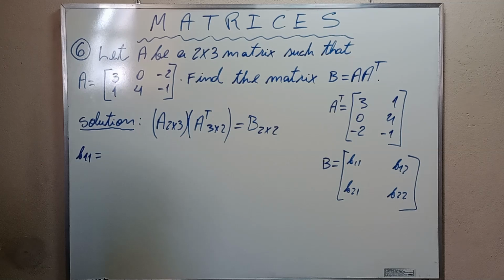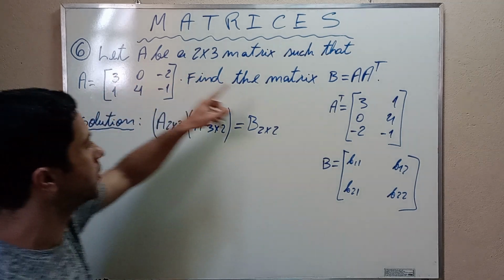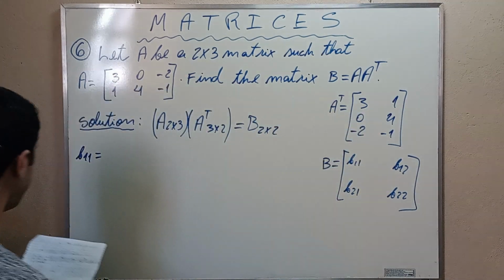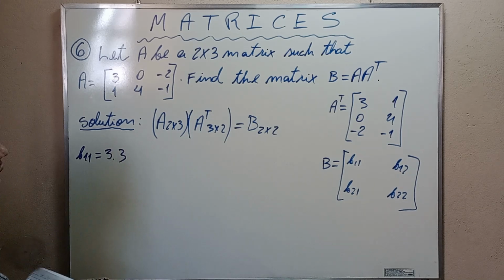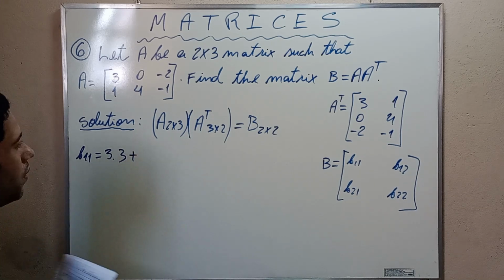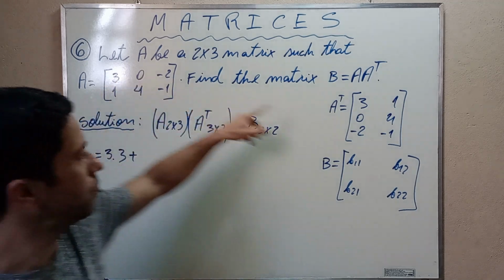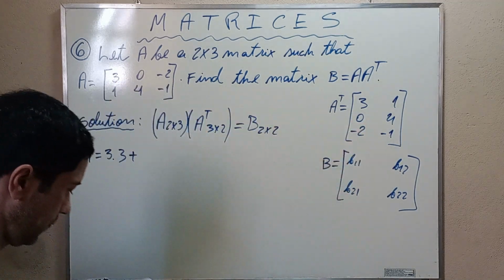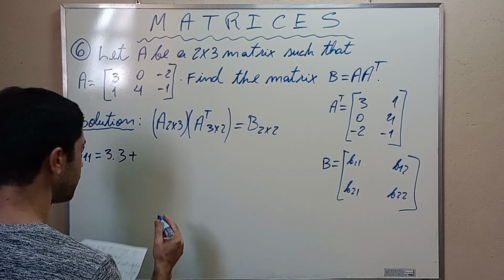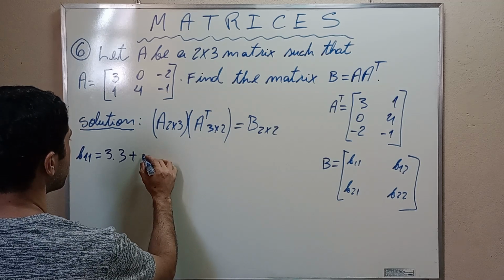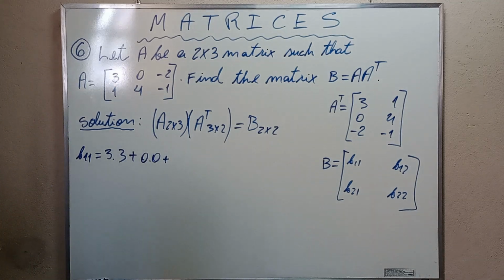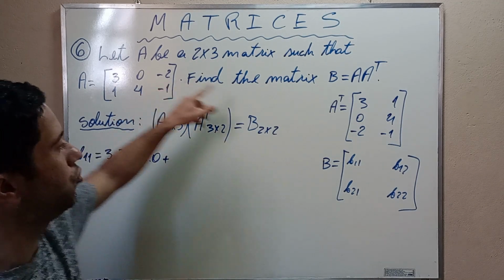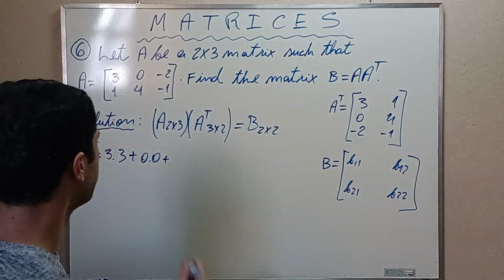It is going to be 3 times 3 plus 0 times 0 plus negative 2 with negative 2.